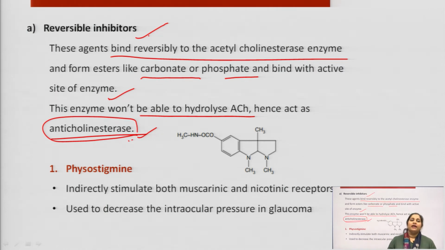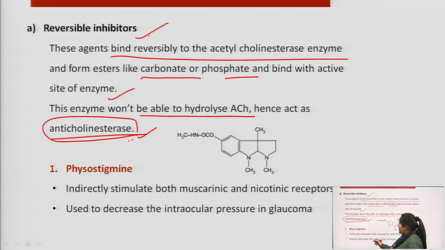So, we can say anticholinesterases are those drugs which act on the cholinesterase enzyme to inhibit its action of hydrolyzing acetylcholine, and will hence increase the concentration of acetylcholine, which means acetylcholine is free to produce its action.